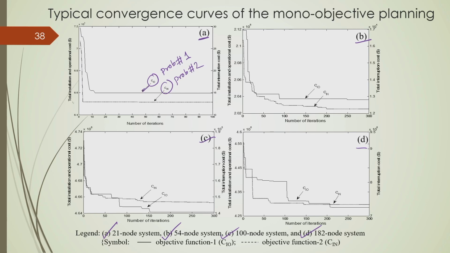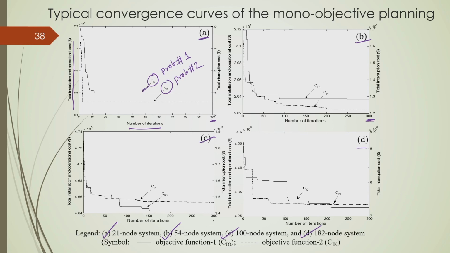This graph is representing how the cost function, the objective function, varies with the number of iterations. Here we have set 100 as the maximum number of iterations. For the 54 node system, the problem dimension is higher, so we set a higher maximum number of iterations, that is 300.